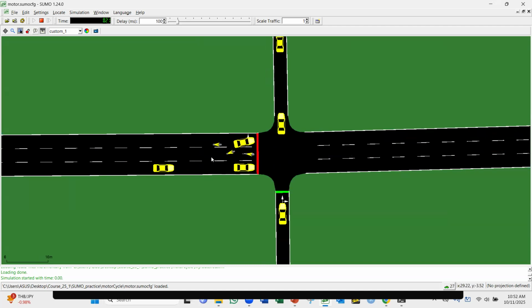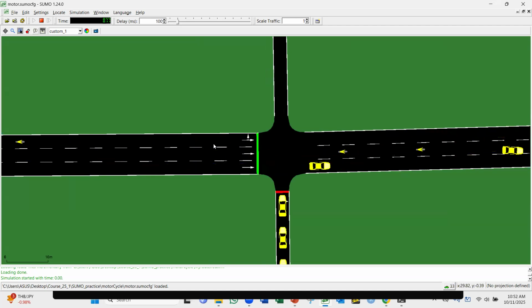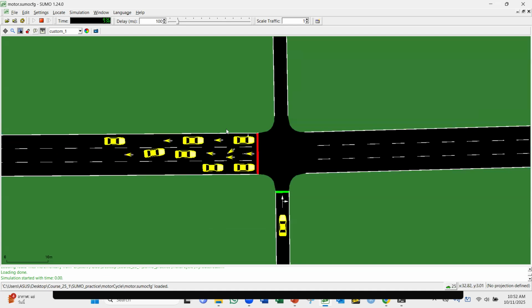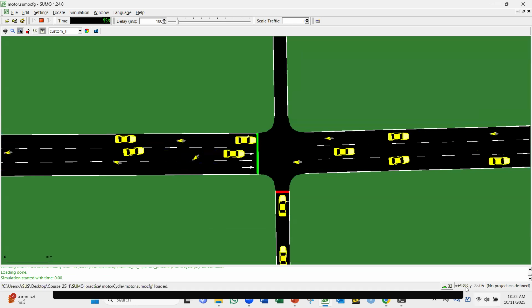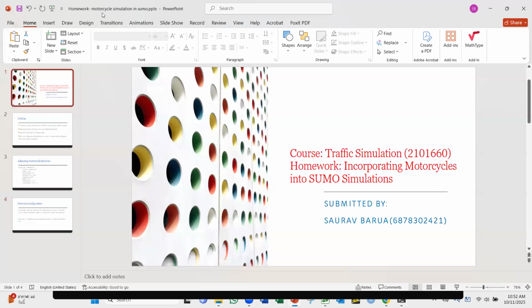So we can see some more signalized intersections so that the motorcycles are behaving more like real world scenarios. So that's it about the situation. Actually, I am stopping the simulation for a while and going to the presentation.